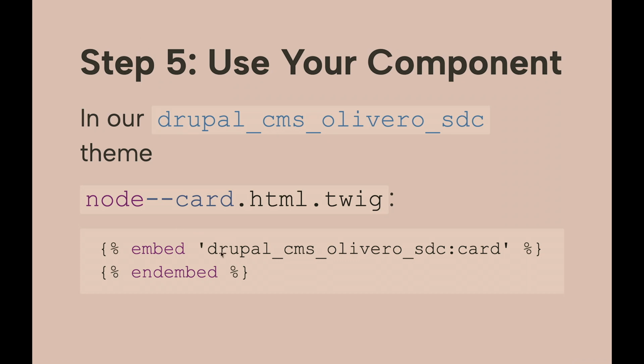The way that we reference this component is the machine name of the theme, a colon, and then the machine name of the component. So in this case, Drupal CMS Olivero SDC card. I believe you can use either include or embed for these in your Twig templates, but if you are working with props and slots, you're going to, in many cases, want to use embed anyway.